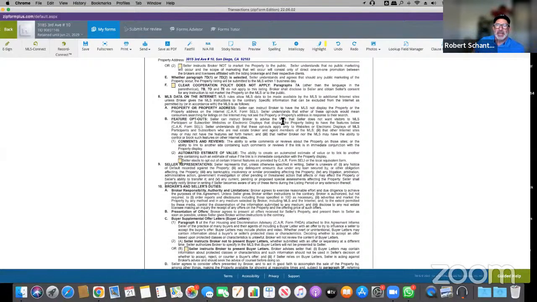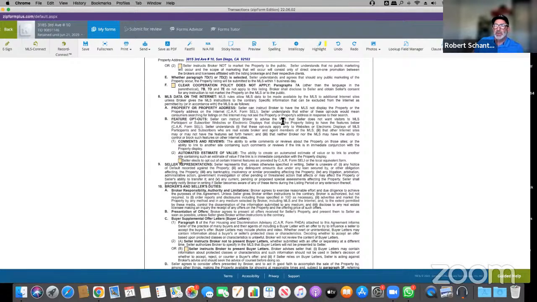Item 8 talks about MLS data on the internet. It also says, hey, we're going to put your property in the MLS. Once we do, it actually becomes property of the MLS and the local board. And there's nothing that we can do to pull that back. So that would be like pictures of the listing, et cetera.